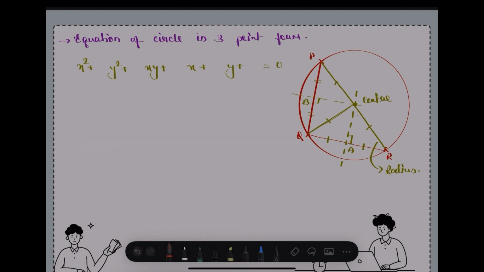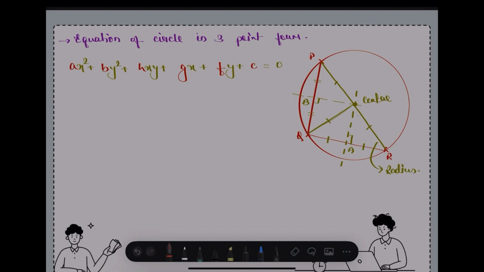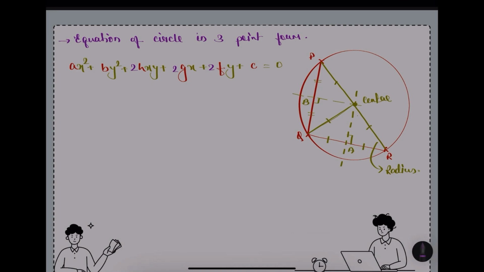Now go with the coefficients a, b, c, f, g, h. So it is the general 2-degree curve.